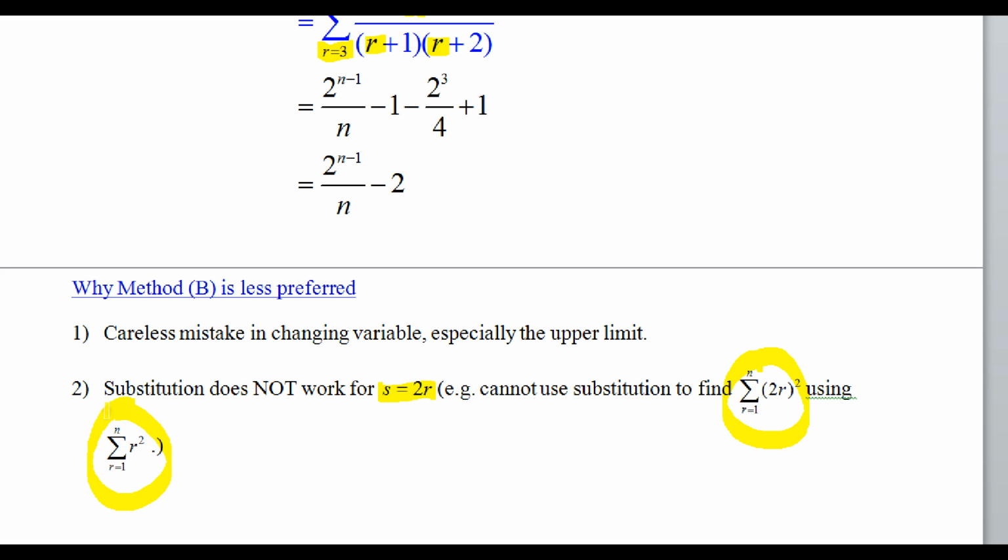Now, how do you know it doesn't work? You expand. If you expand this, you will realize that it doesn't work as well. Okay? I think you can try this on your own. I think you're capable of doing it. I will just say that as long as the coefficient of r and s are not the same, you have a problem. Substitution does not work.